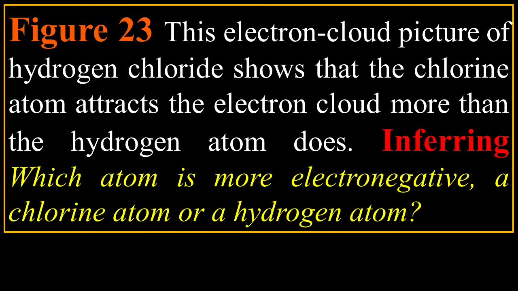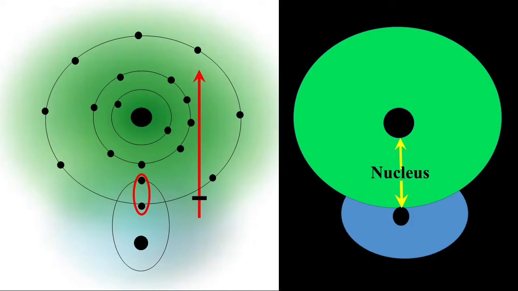Figure 23, this electron cloud picture of hydrogen chloride shows that the chlorine atom attracts the electron cloud more than the hydrogen atom does. Inferring which atom is more electronegative, a chlorine atom or a hydrogen atom, apart from the fact that it just said that chlorine is 3 and hydrogen is 2.1, so obviously chlorine would be the more electronegative element in the molecule hydrogen chloride in gaseous state.